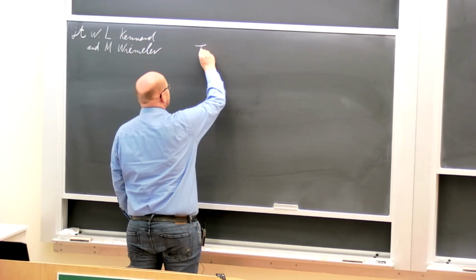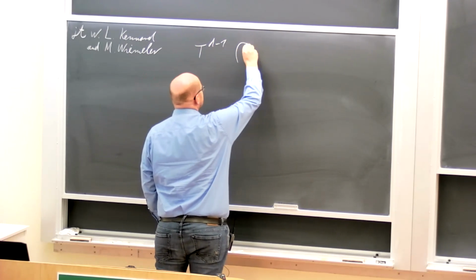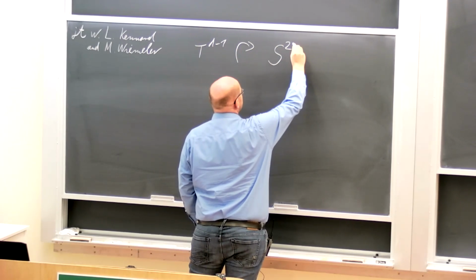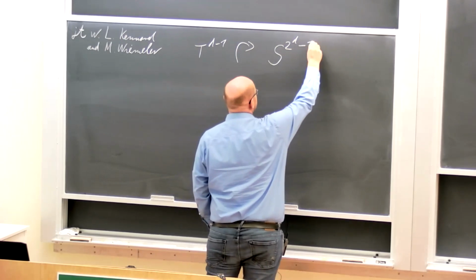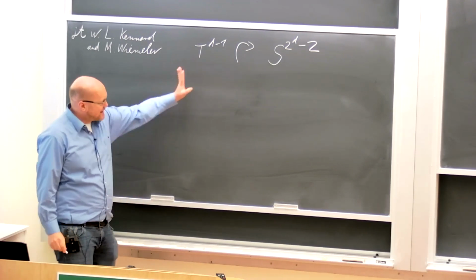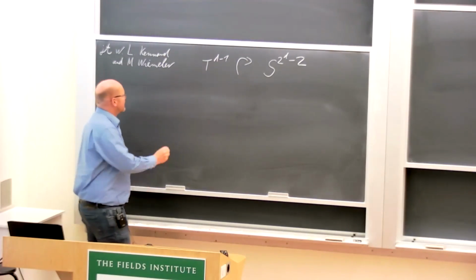So we look at the torus action on a sphere, and now the sphere has dimension 2 to the d minus 2. It acts by orthogonal transformations, right? And you can find an action.